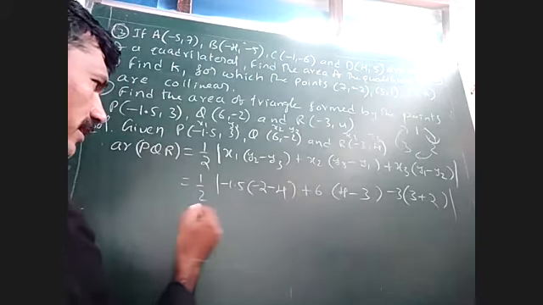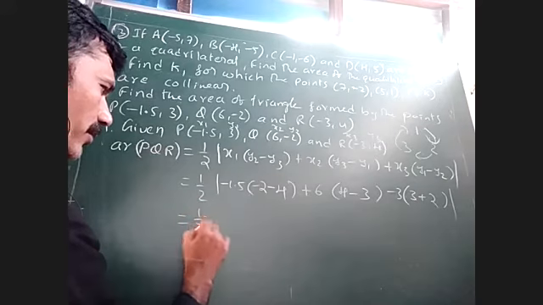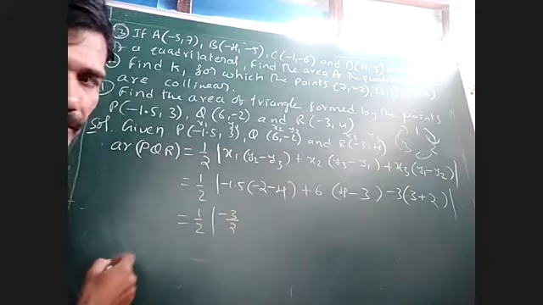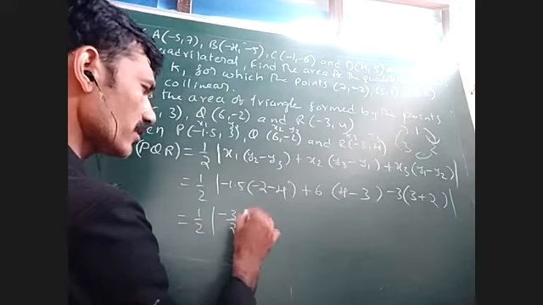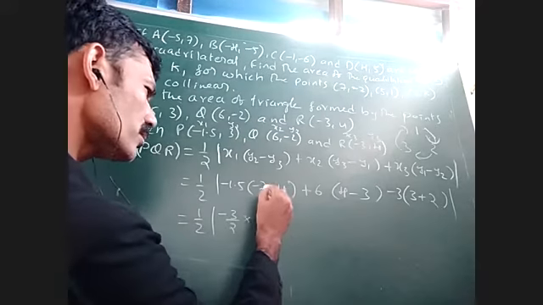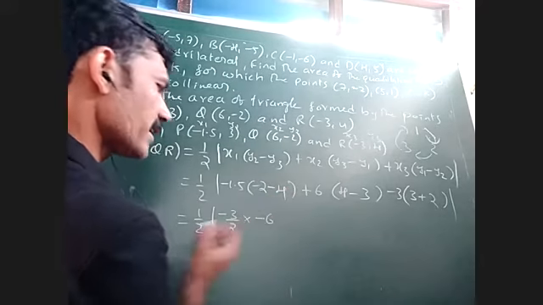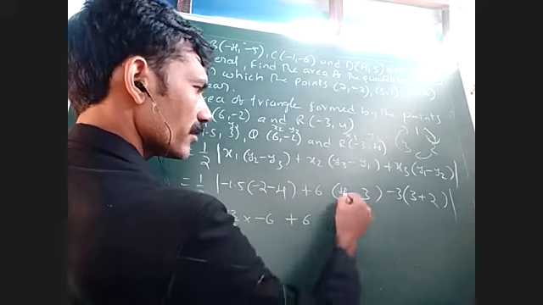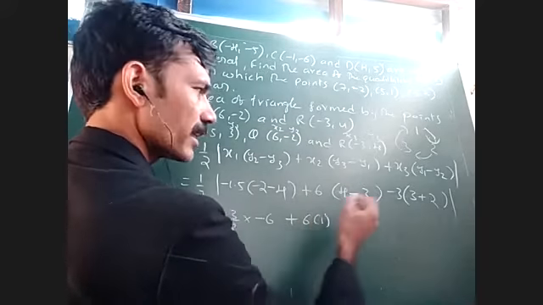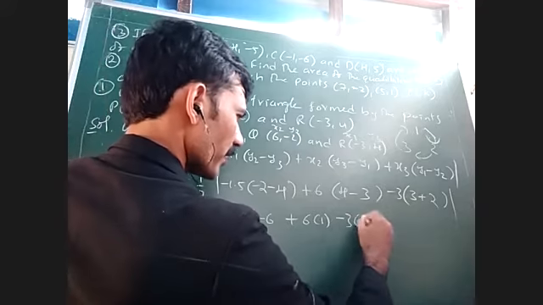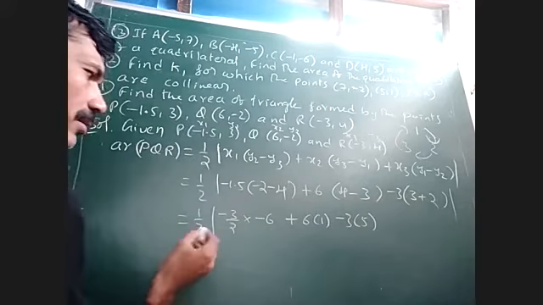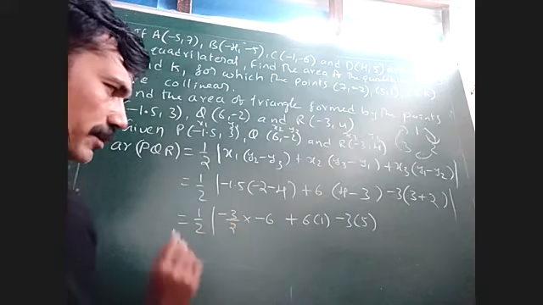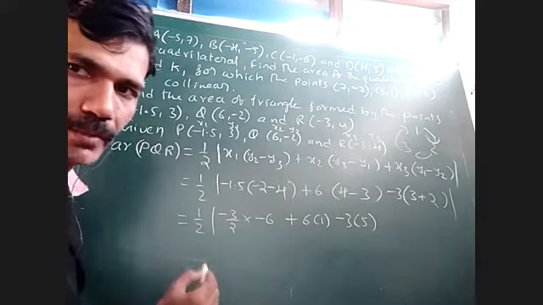What can we do with this? Half of this, I wrote the decimal in fraction form, minus 3 by 2. Inside, minus 2 minus 4 is minus 6. Plus 6 times 4 minus 3, that is 1, so 6. Then 3 plus 2 is 5. Now minus into minus gives plus 18. 18 divided by 2 is 9.